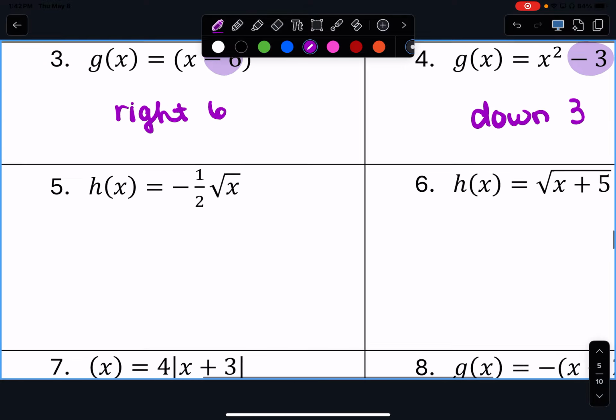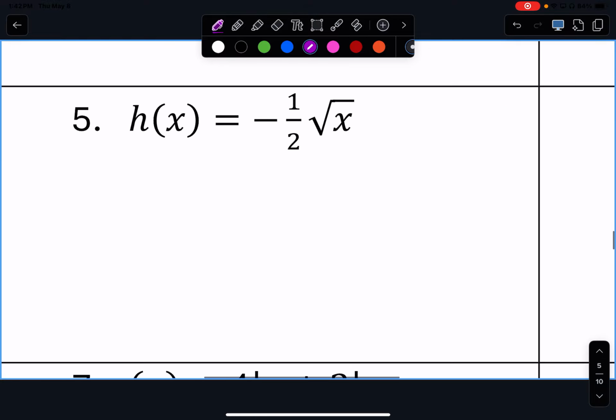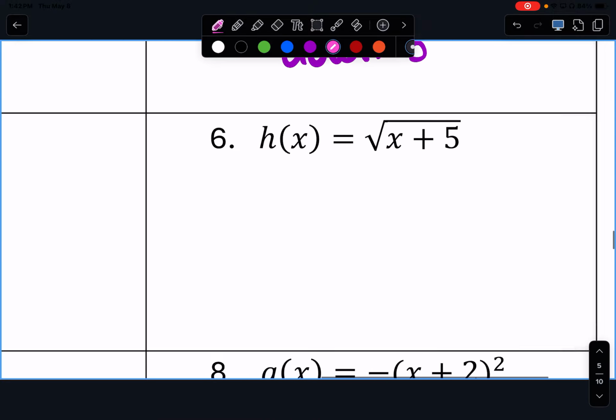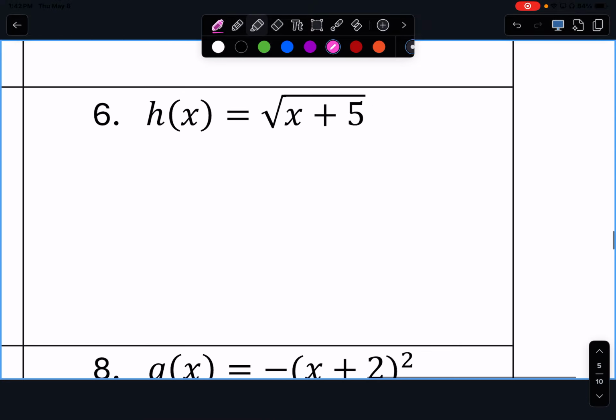For number 5, it has 2 things happening. What does that negative cause to happen? It's going to cause it to reflect or flip. Then the half causes what, Caden? It is a vertical compression. Number 6: what does that plus 5 cause to happen?